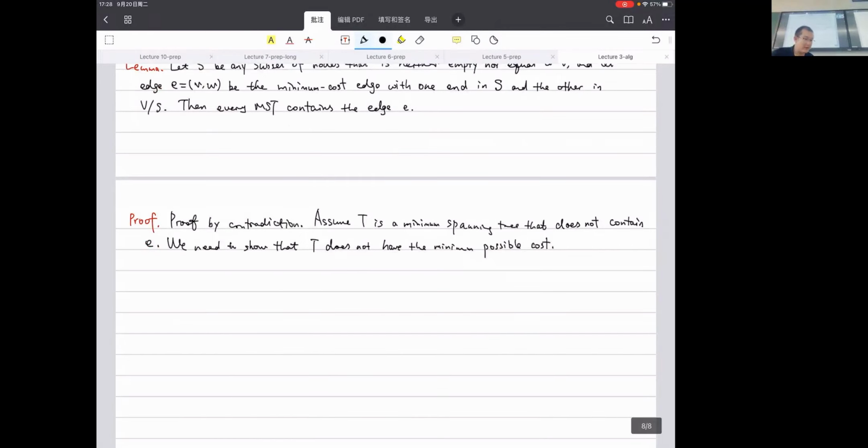So the intuition here is that we want to show that it does not have the minimum possible cost. Maybe a good strategy is that we want to make some switch.